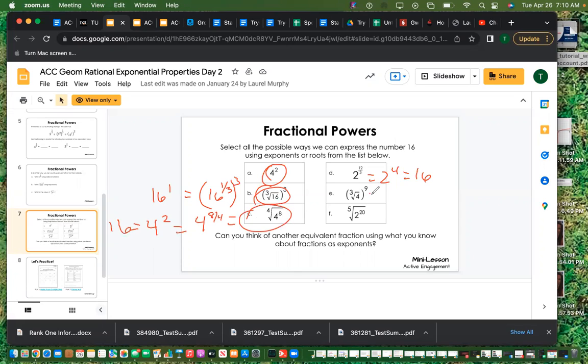And over here, this one's going to be 4 to the 9/3. That can be simplified to 4 to the 3rd. That's not 16. Over here, if I simplify this one, I would get 2 to the 20 divided by 5, which is the same thing as 2 to the 4th, which we learned earlier is the same thing as 16.